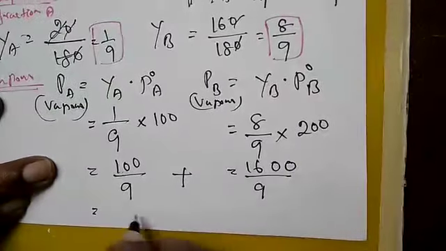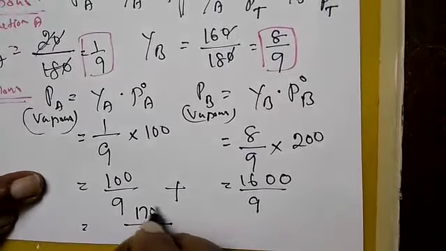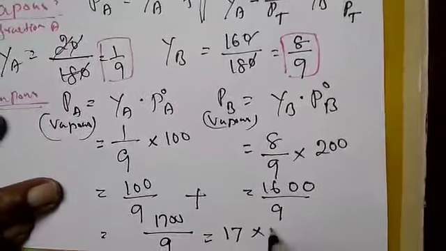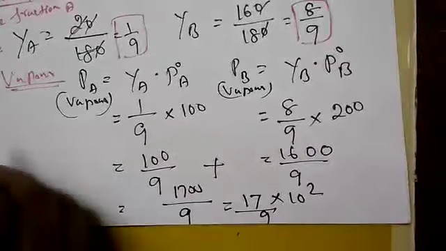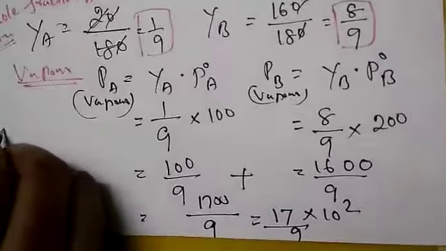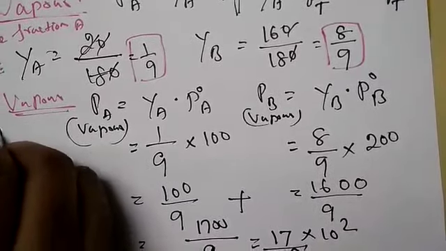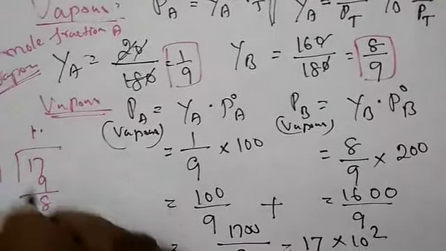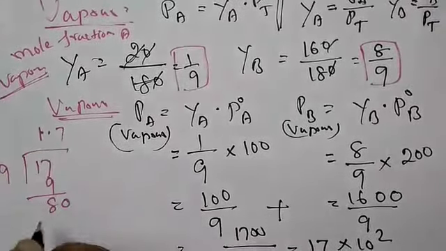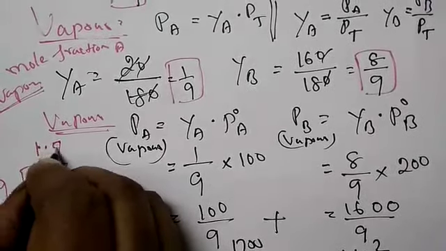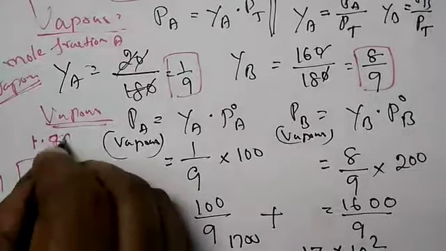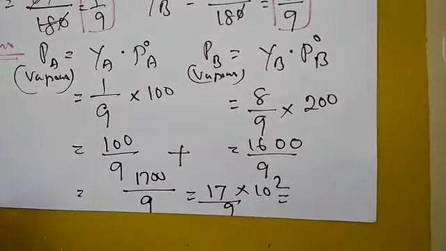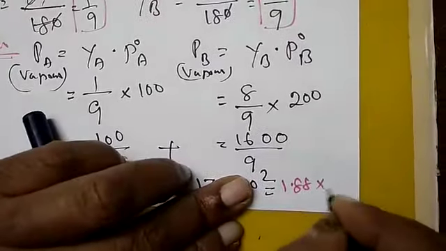We have to add both, which gives 1700 by 9, that is 17 into 10 power 2 divided by 9. Doing the division of 17 by 9, you get 1.88 into 10 power 2.